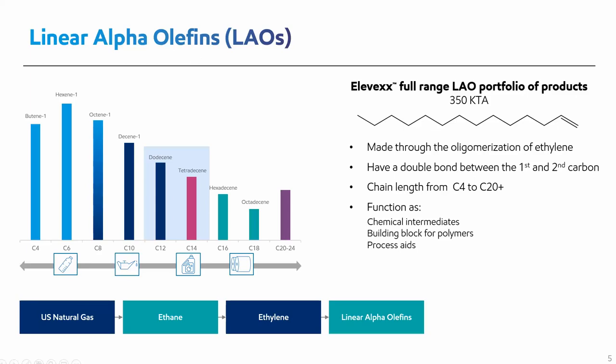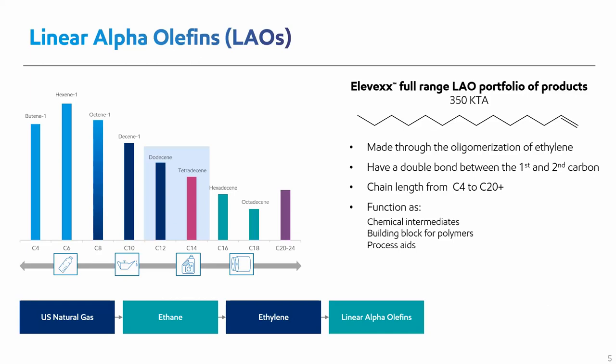LAO are important feedstock for the surfactant industry, and ExxonMobil is entering into LAO. This brings us access to feedstock we buy today, and also the ability to broaden our product offering. This will be a full range technology able to produce from butene all the way to C20-24 heavy materials.